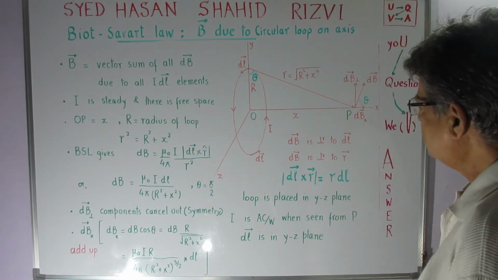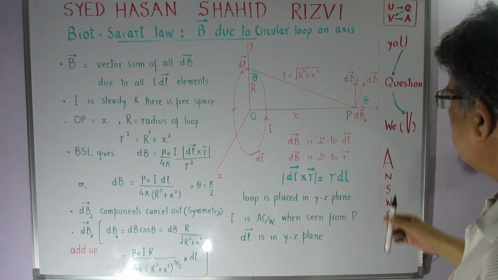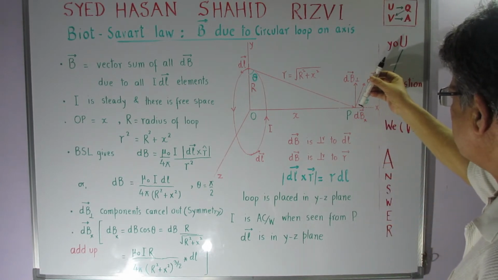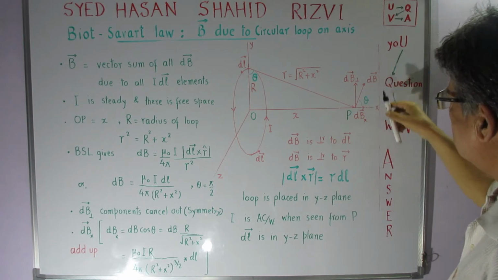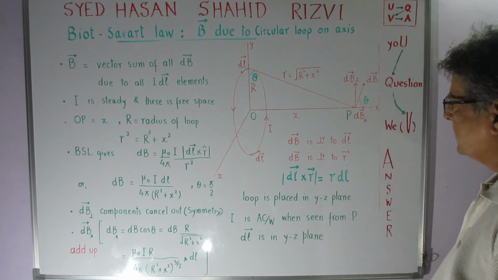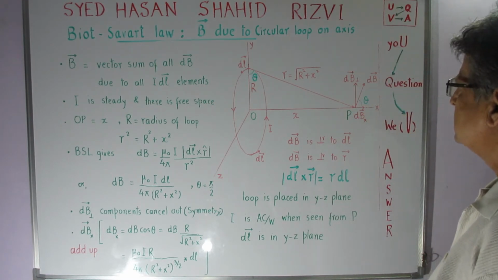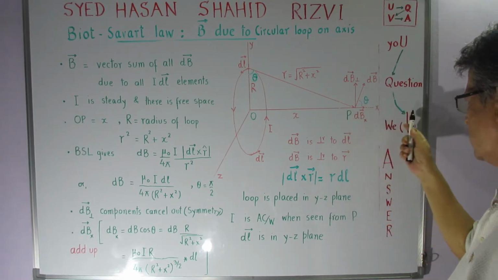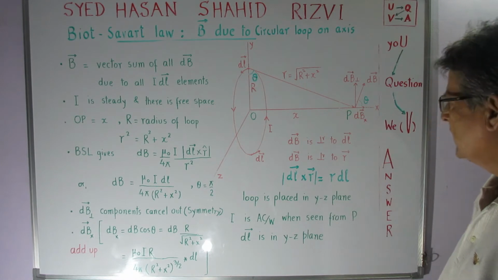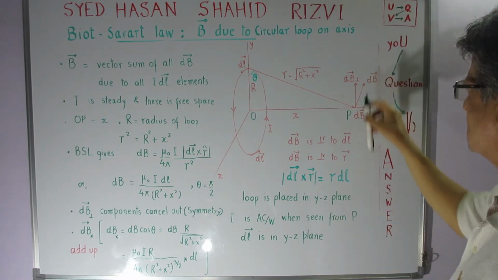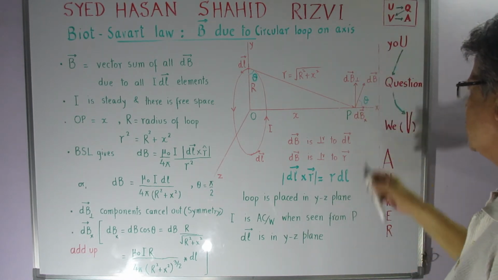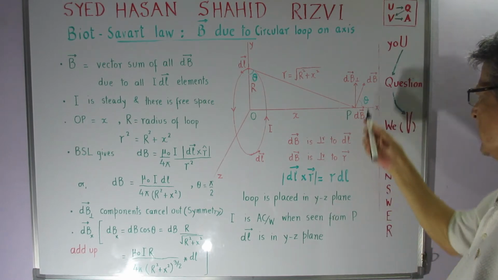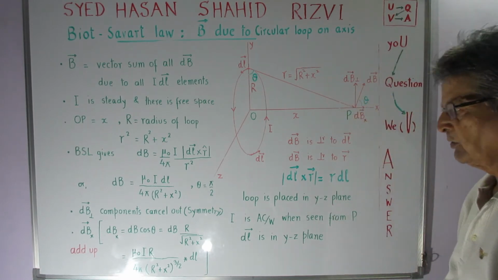Now, once we consider that this dB element is there, I can resolve it into two parts. One along the x-axis, dBx, and the other perpendicular to the x-axis, dB perpendicular.